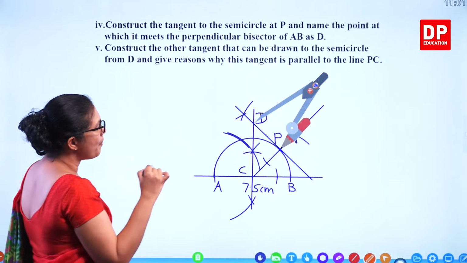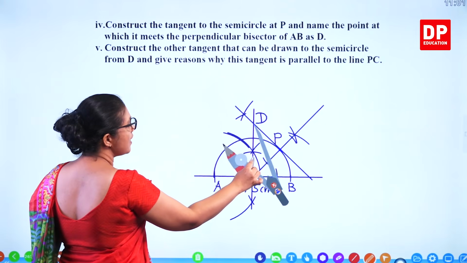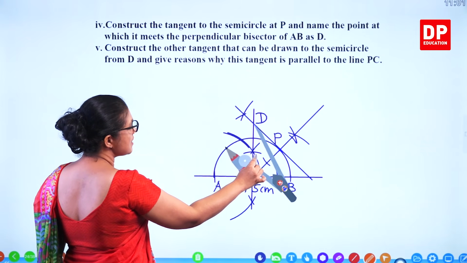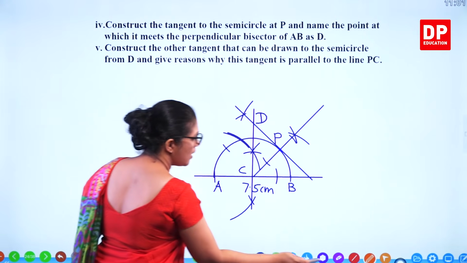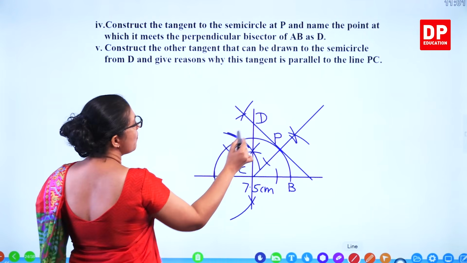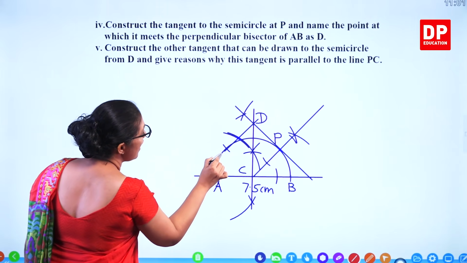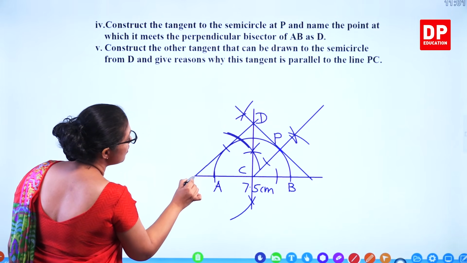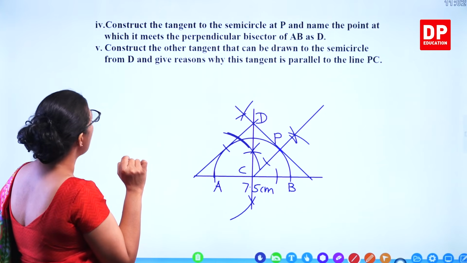So we use that property. So take this distance and you can find out where it intersects with the circle. So that's this point. Now we have this point and you can connect this D point and the other point. So that's the other tangent line. So that's the 5th part.